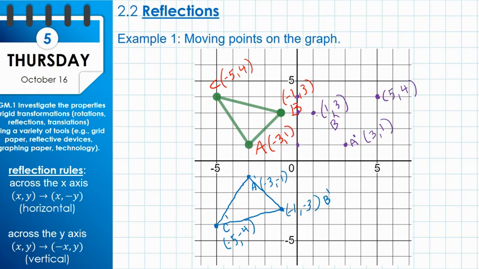And again, connect our points. A prime, B prime, C prime. And so this image is a reflection across the y-axis.